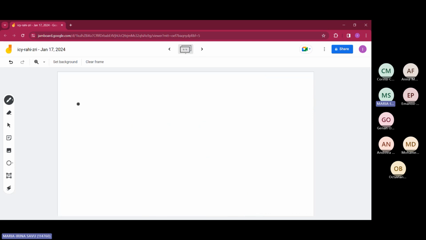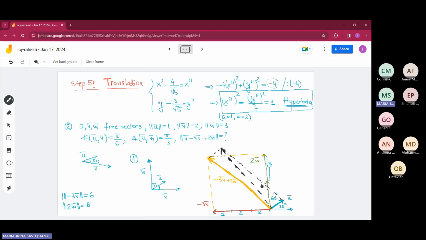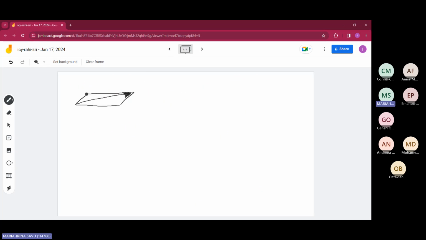Actually, if we have a parallelogram and we have a diagonal given by the sum of two vectors, let's say that this is A and this is B. How do we find the length of this diagonal, which is the sum of A plus B?